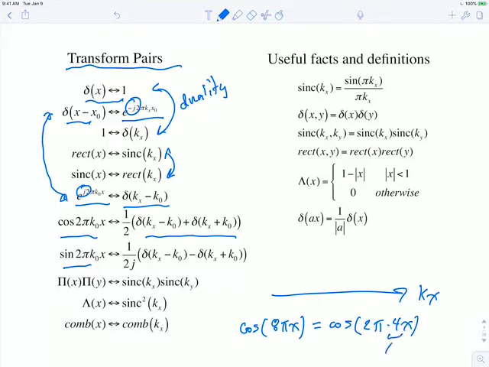So I can identify this as my frequency. And then on the Fourier domain, I would just draw it like this: 1/2 at frequency of 4 and 1/2 at minus 4. All right, so you should be fairly comfortable with something like that.